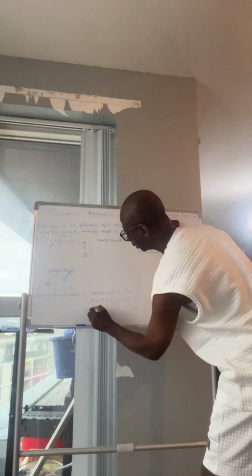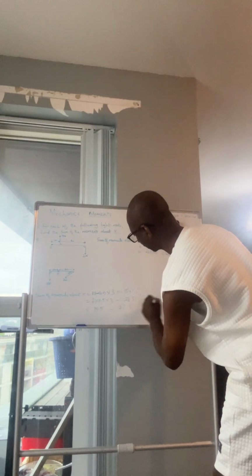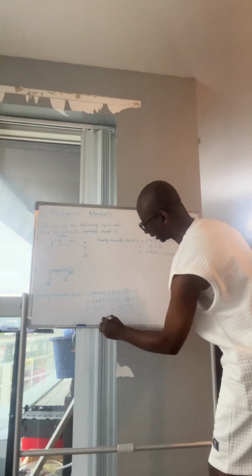And 15 times 1.5 is 22.5. So here you have 10.5 minus 22.5. You get a negative sign, minus 12.